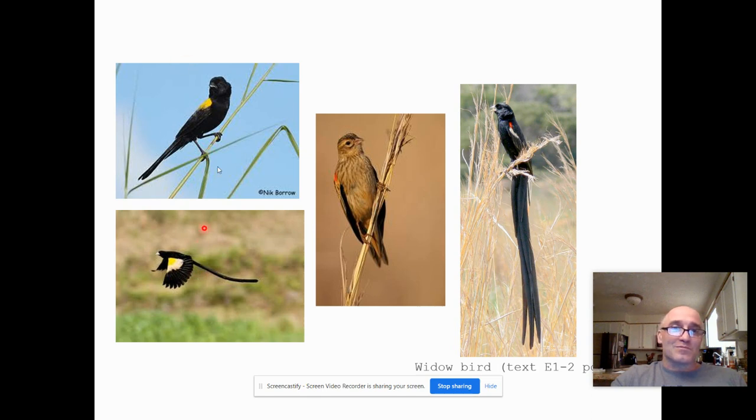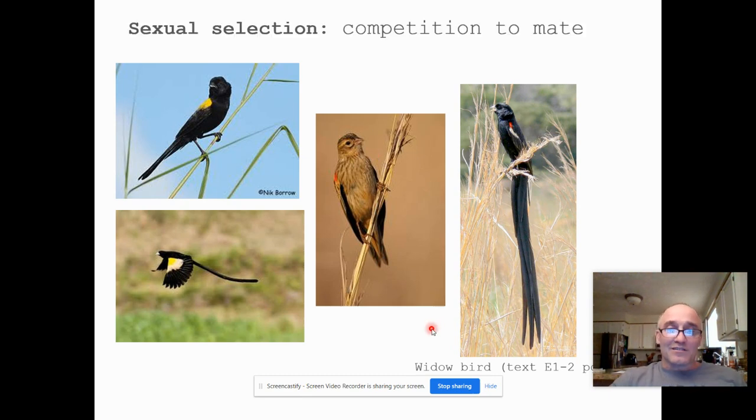So here in this particular species, a female up here, a male down here, the male has a long tail, a little brighter colored. Same with this species over here. The female is a brownish color. The male is black, with a long tail. Again, because the females will choose the mates and mess up genetic equilibrium.